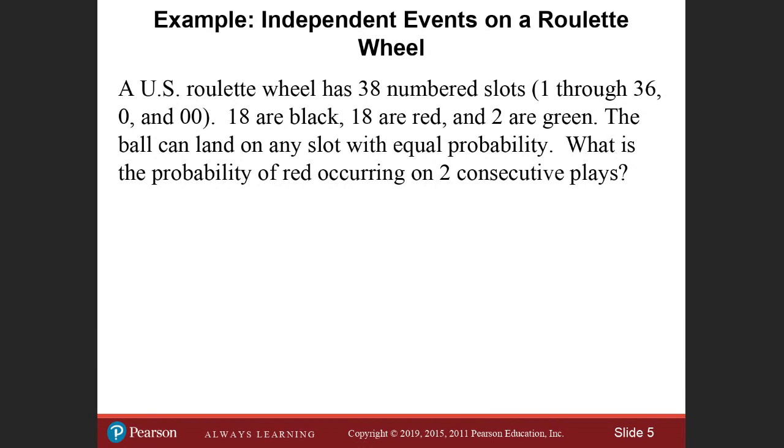So you're looking at red, so you should be taking this information, 18 are red. And it has 2 consecutive plays. So those are the keywords. So what we're doing here is finding the probability of red on 2 consecutive plays.